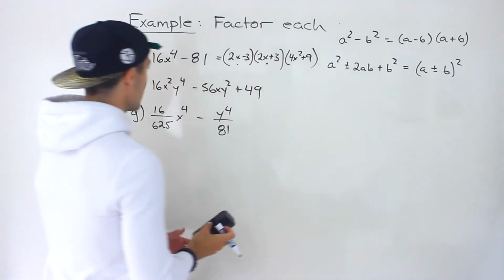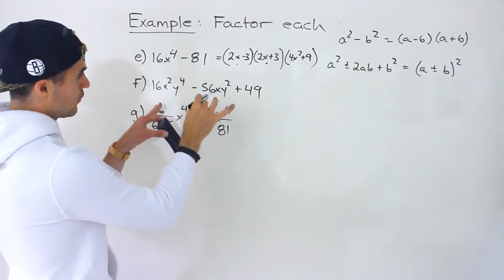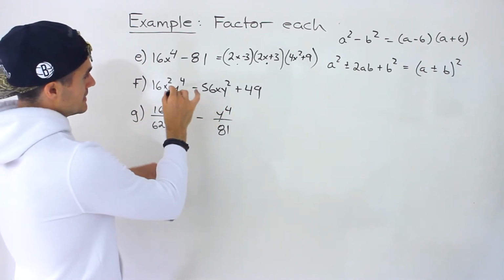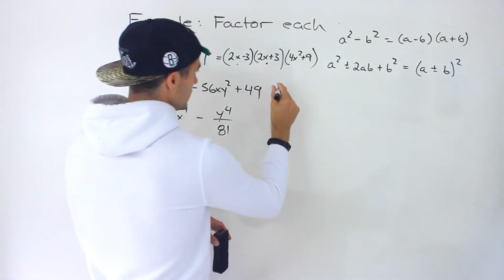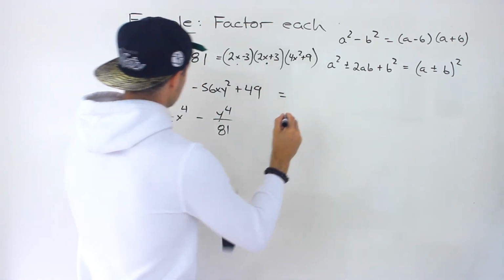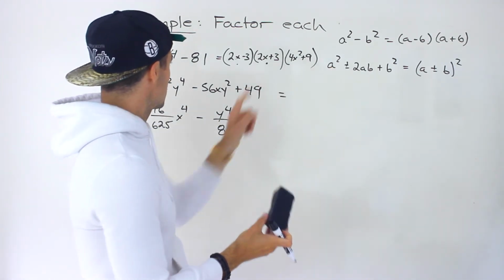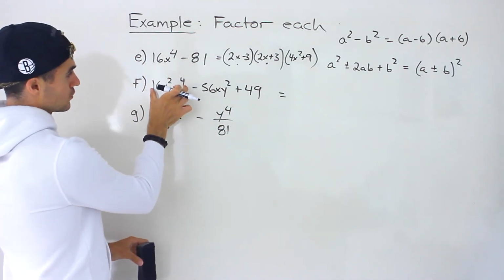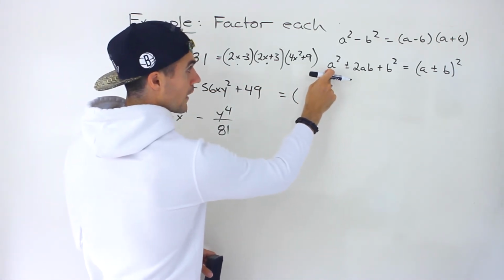Now, part F over here, this is kind of a weird format, but this is actually a perfect square trinomial. And the way you could tell is if we try to take this and rewrite it in this format, the first thing we would do, we'd have to rewrite this first value as something squared, right?